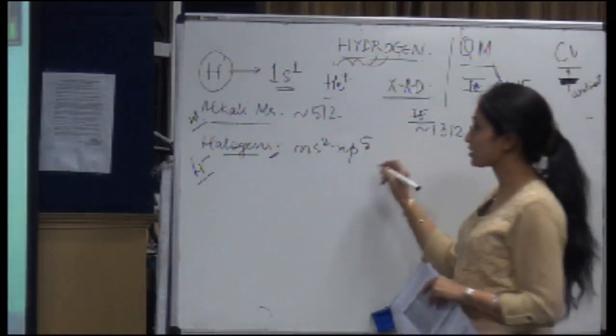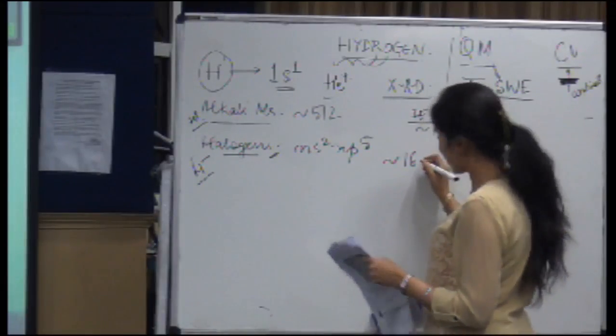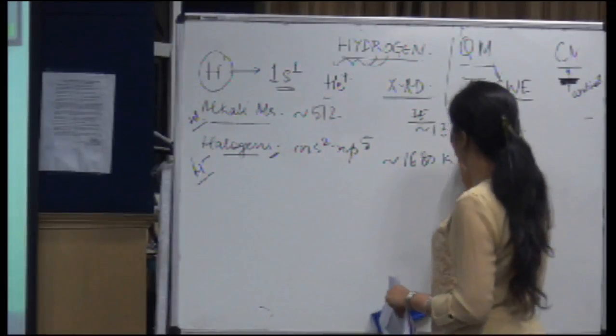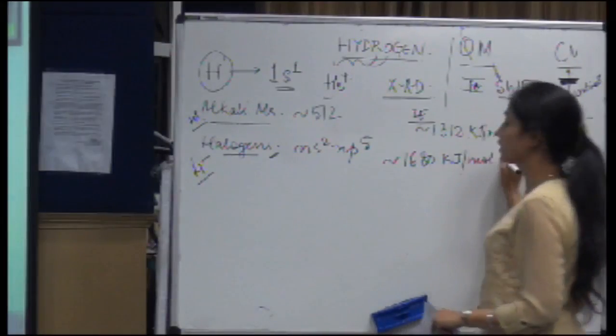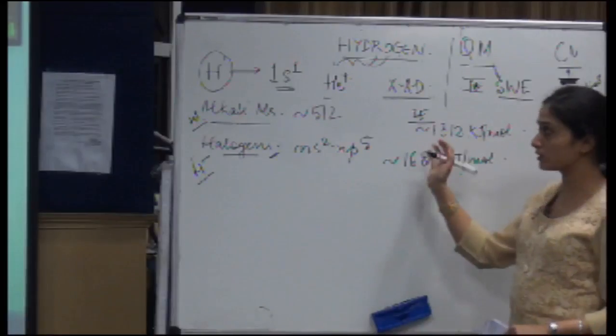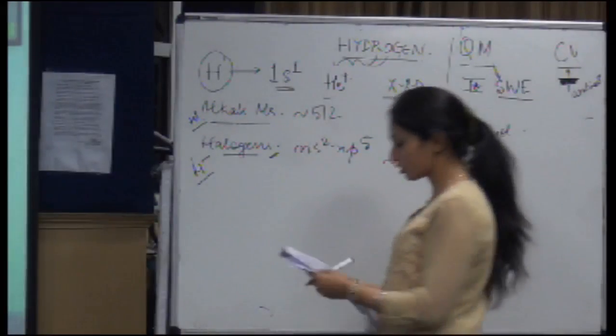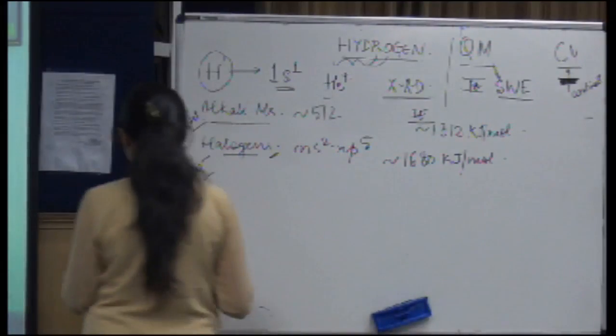What is the ionization energy of halogens? That is 1680 kilojoules per mole, to give you the exact value. So it is said to be comparable. The difference is not as drastic as in this case.